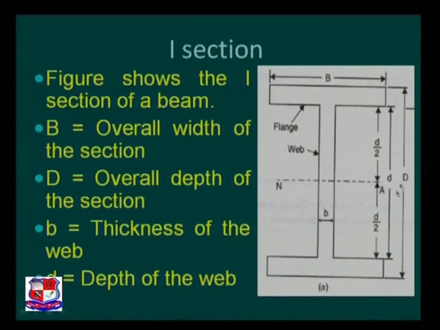Now, here it is clearly visualized, the neutral axis is located at the centroid of the I section, and as the given I section is symmetrical, it is very easy for us to find the centroid location exactly at the center, that is capital D by 2 from the top fiber and capital D by 2 from the bottom fiber.